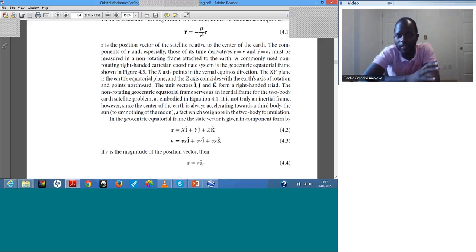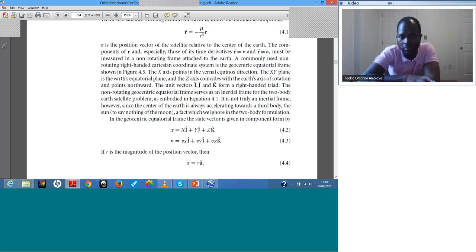So in order for us to make some very nice engineering calculations, we just assume other things are not affecting the two-body problem of interest that we are studying.